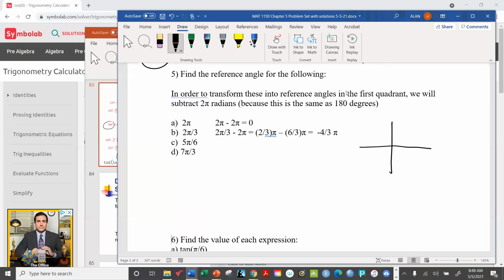Okay, so the way it works with radians is, -4/3 means we're going this direction. And let's see, how far is that in there? Ooh, man, this is awkward. I much prefer angles. I don't know about you.